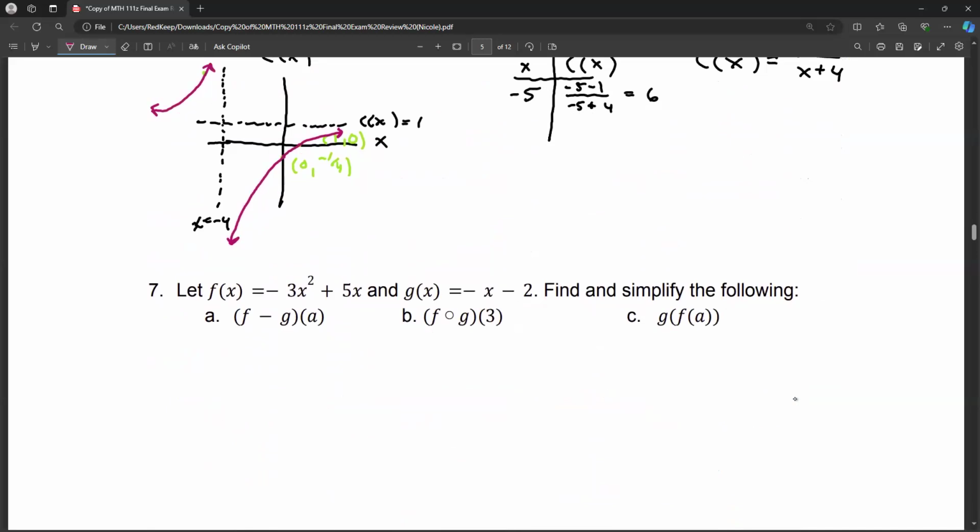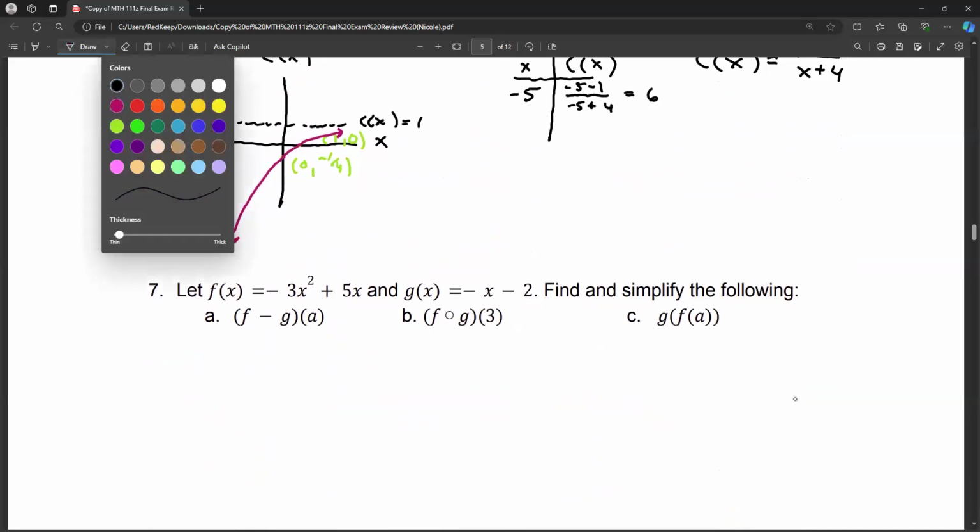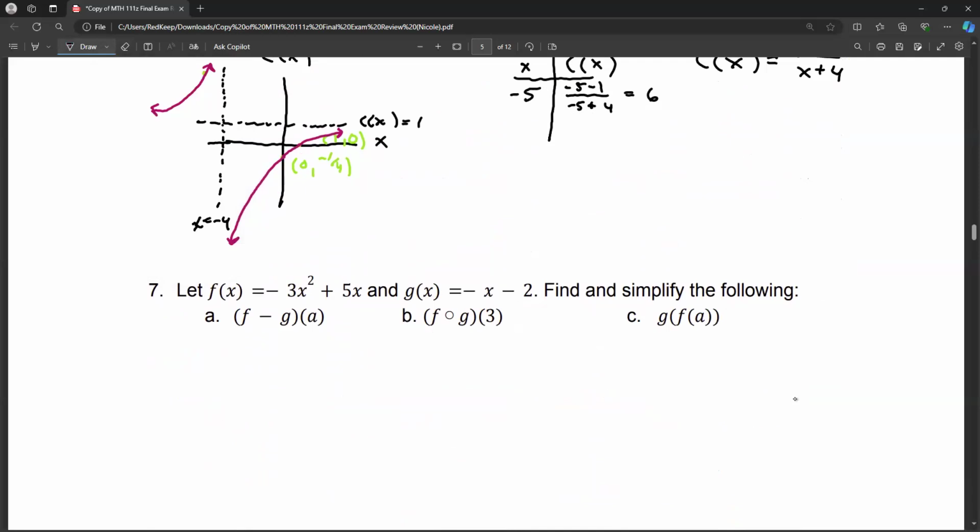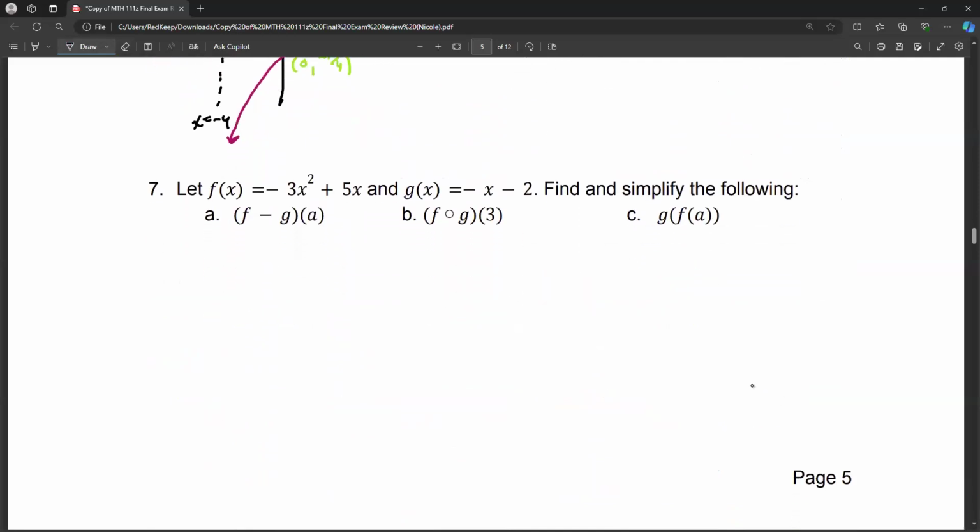Okay, let me get back to my black. In question 7, they say let f of x equal this function and g of x equal this function, and find and simplify the following. In part A, they're asking us to take the f function minus the g function when we evaluate a into it.